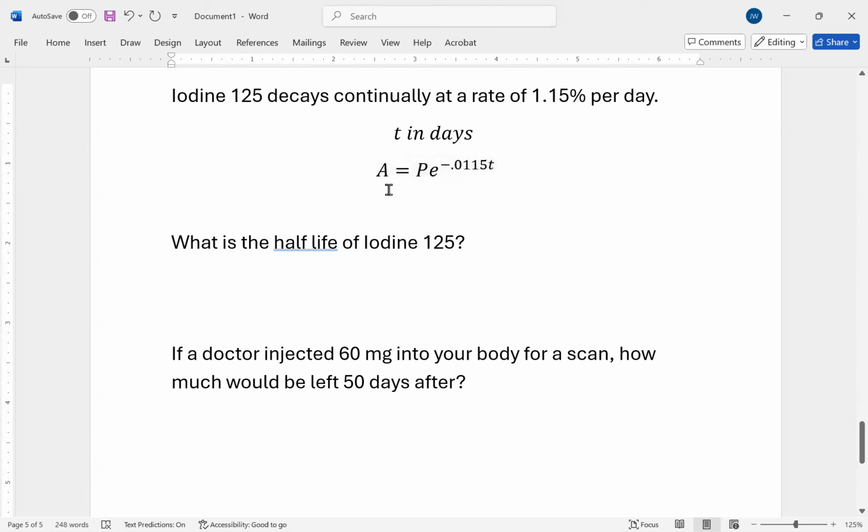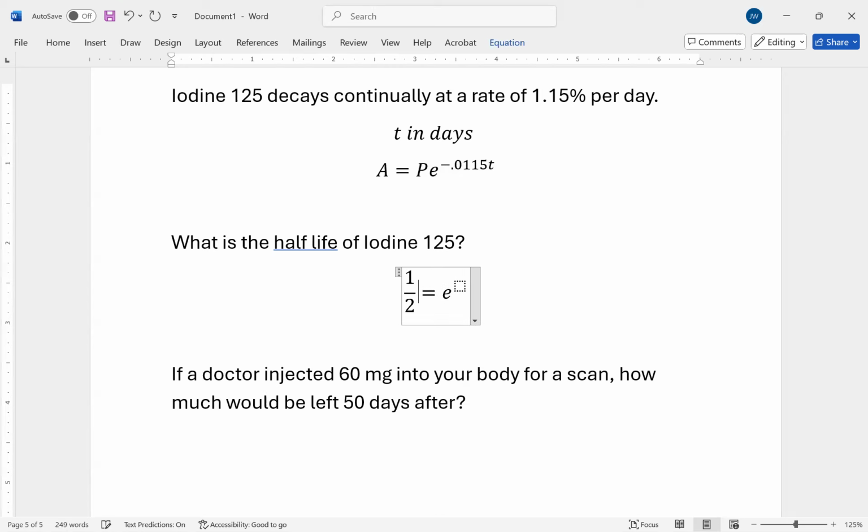If it says, what is the half-life of iodine 125, you may say, well, it doesn't tell me what the P and the A need to be. But from the previous question, we know that if I make A half of whatever I make P, then I can get the right answer. So let A be 1 and P be 2, or let P be 1 and A be a half.